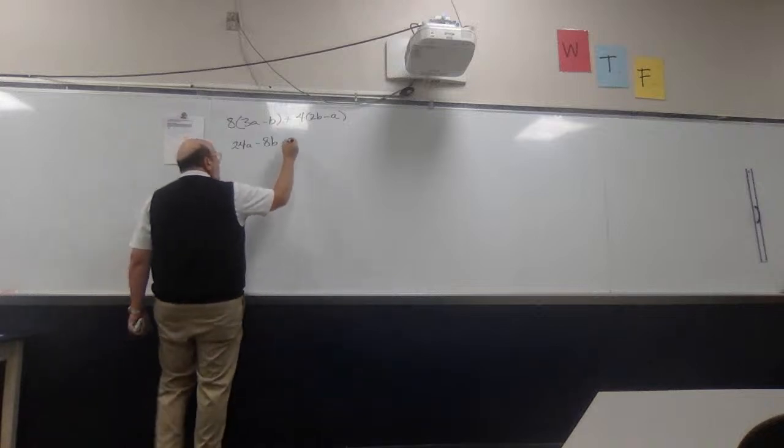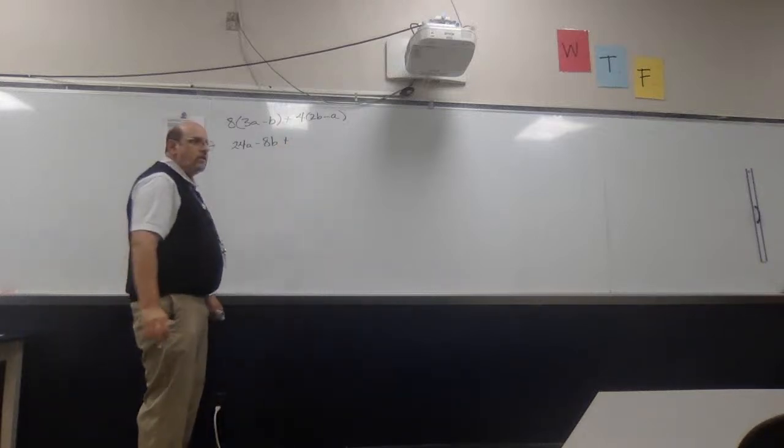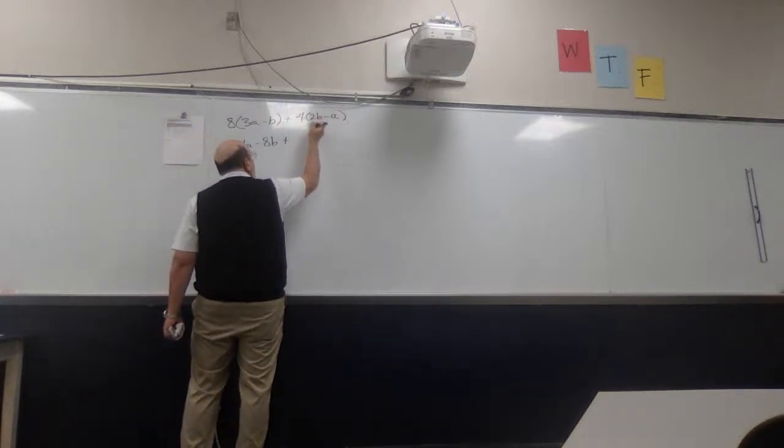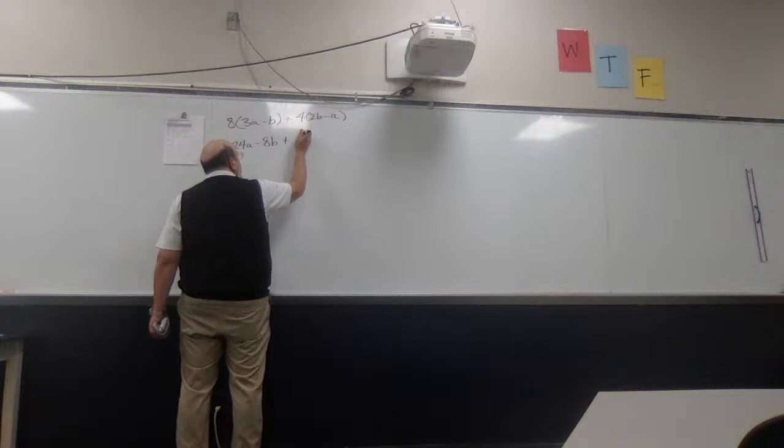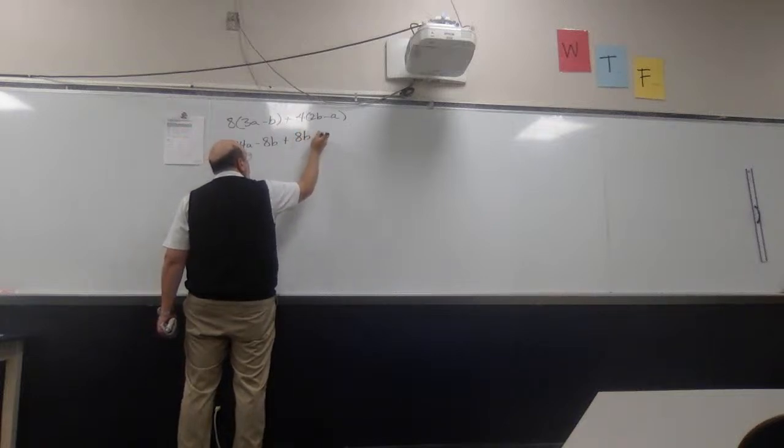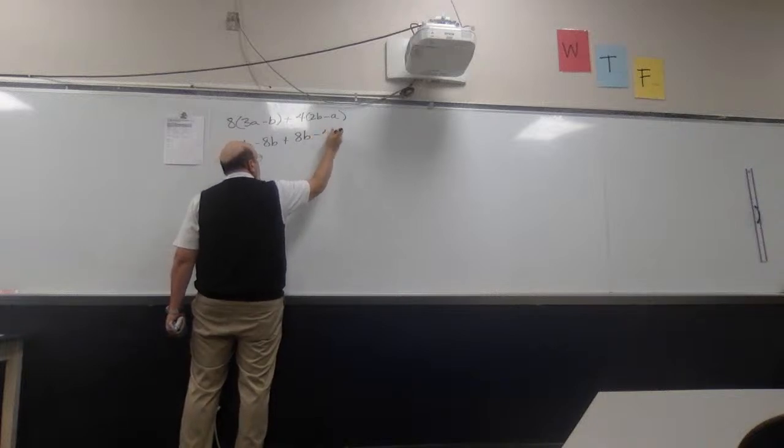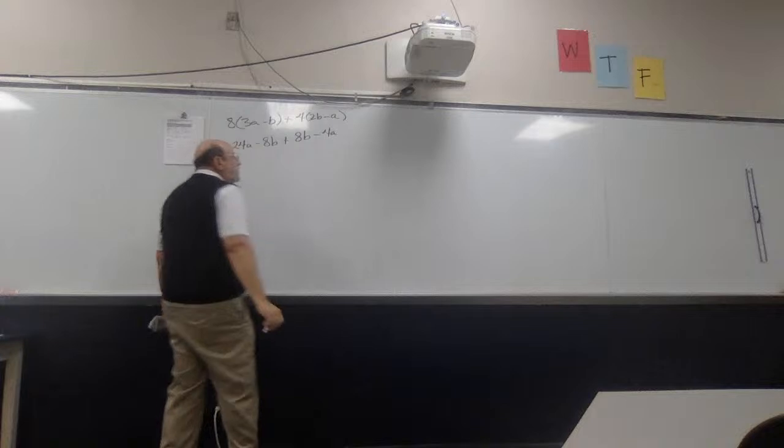Right? Okay. Now we're going to add to it. Nobles, what do I get if I multiply 4 times 2B? Minus 4A.